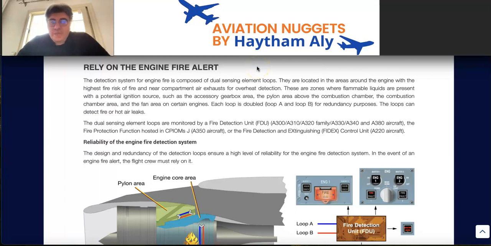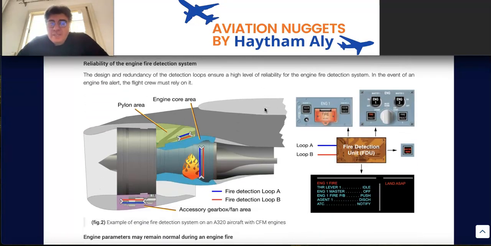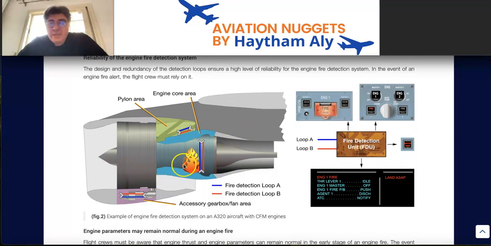So in the engine fire procedure, you need to rely on the engine fire alert. You will receive an alert in the cockpit. Engine fire indication will have like 6 indications in the cockpit. And on each engine you have a dual loop to detect fire. So as you can see here, everybody, this is the engine, okay?